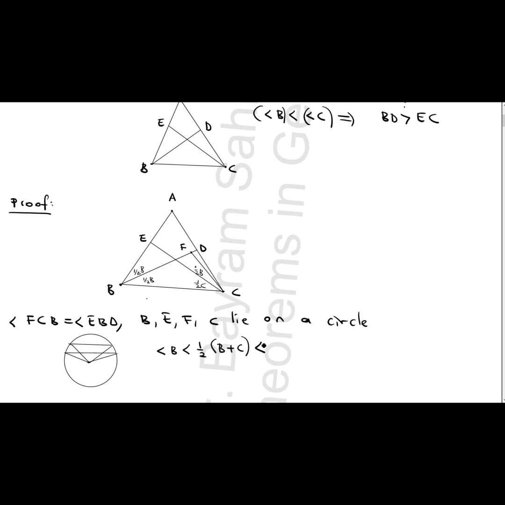Also, we can write B plus C plus A, because this is bigger than the previous one. Also, this angle should be smaller than 90 degrees.